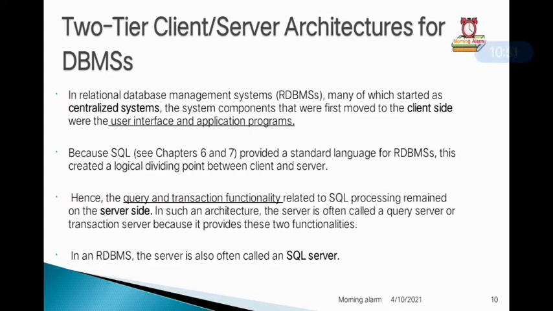But in relational database management systems, the system components like user interface and application programs are moved to the client side. So it formed the client side. Because SQL provided a standard language for RDBMSs, this created a logical dividing point between client and server.